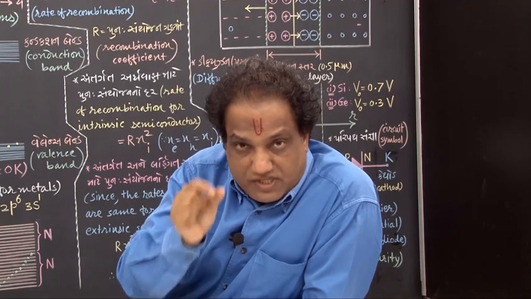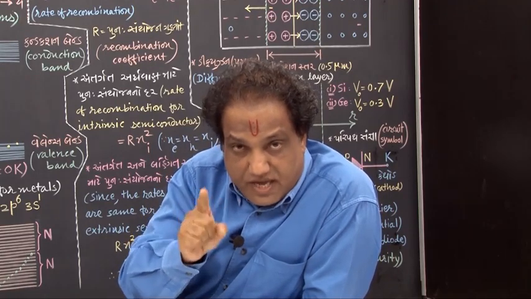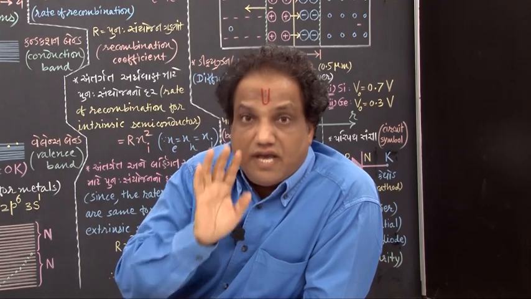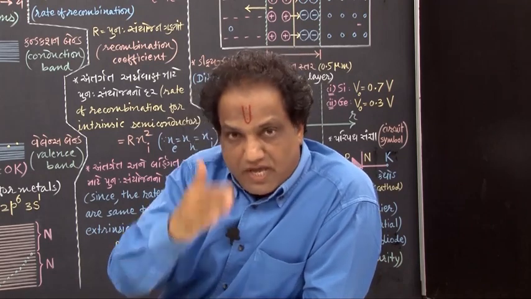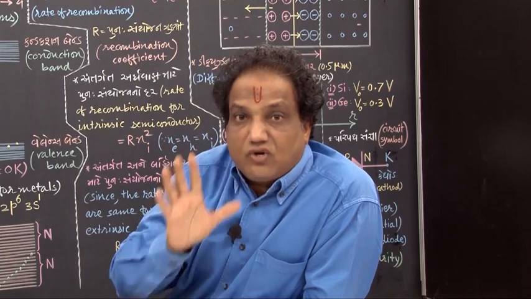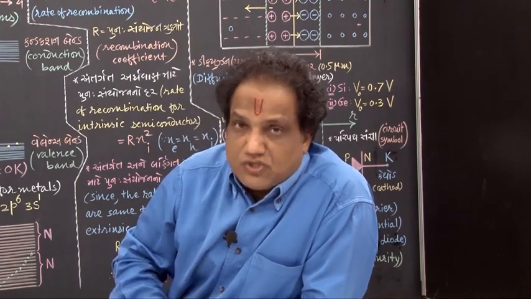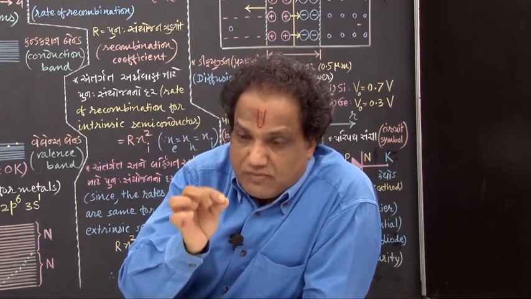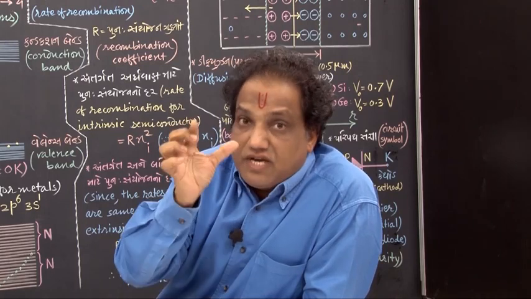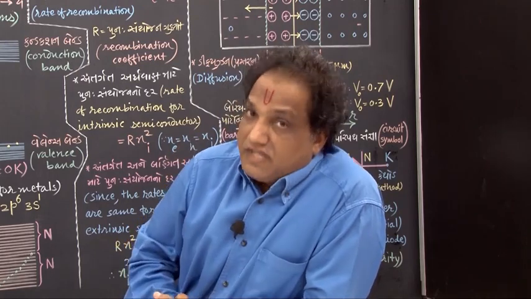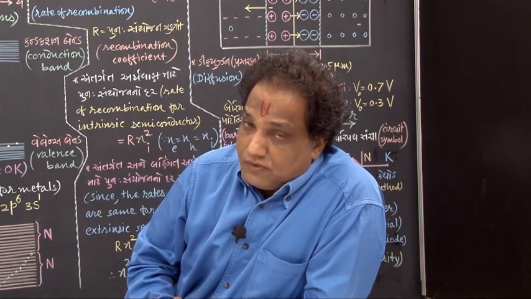When one covalent bond is getting broken, it creates a pair of free electron and hole. So breaking means separating free electron from the hole. Correct? So that is a process of dissociation, because they are getting separated.